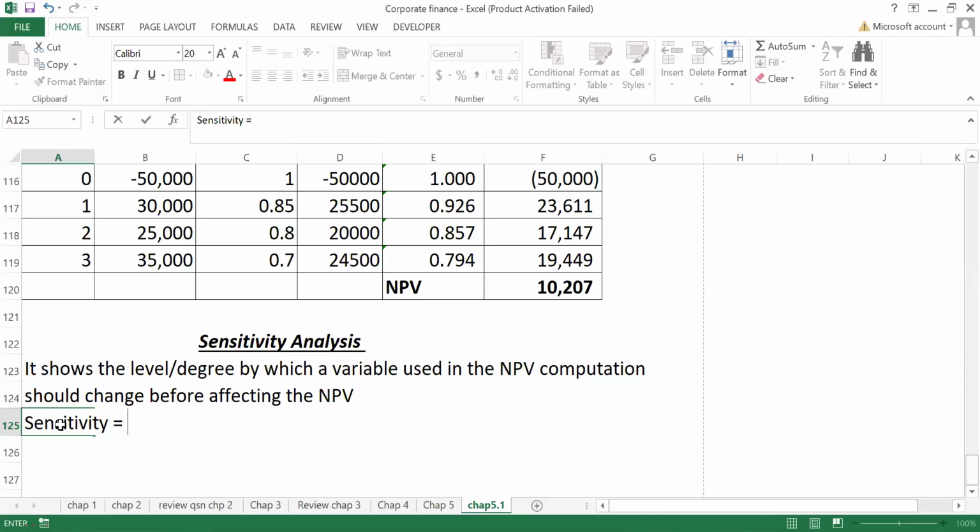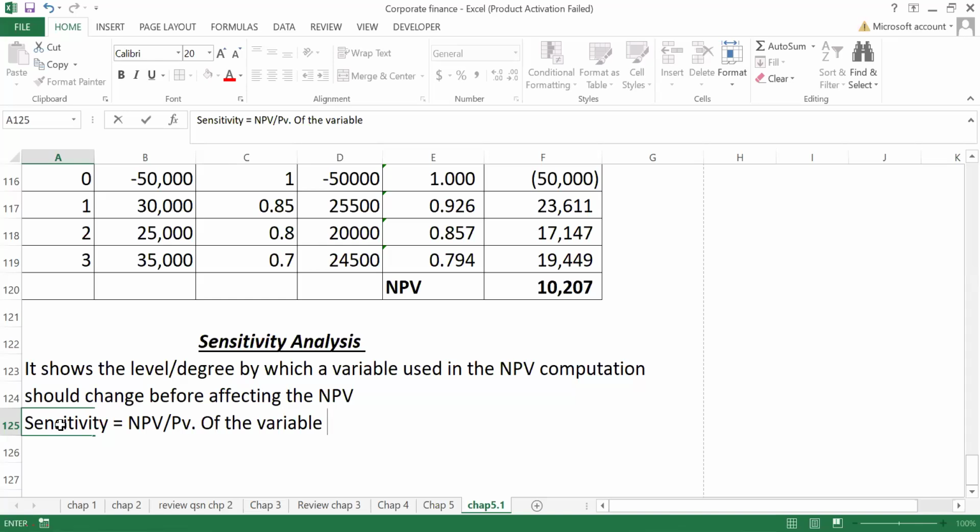Sensitivity is equal to NPV divided by the present value of the variable. Of course, you multiply by 100.